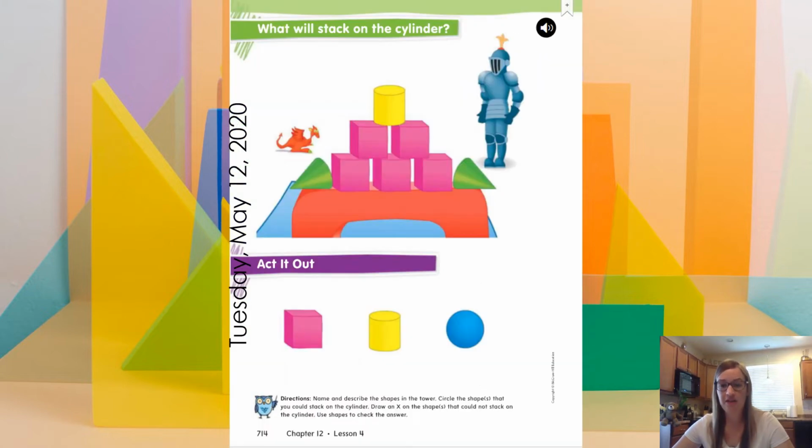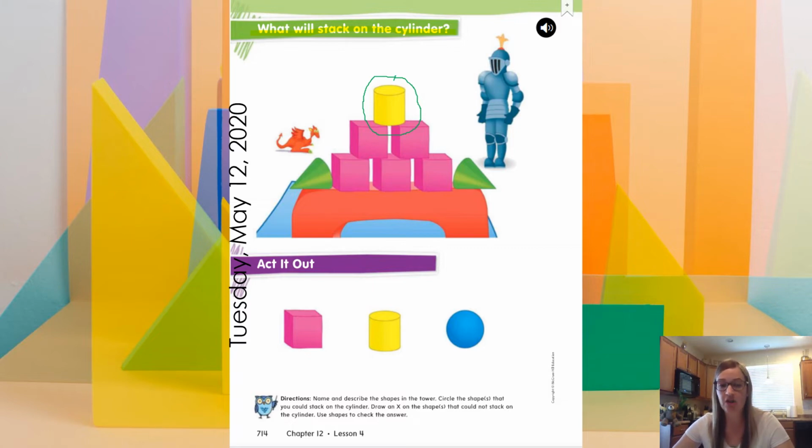Okay, let's turn the page to 714. This question on this page wants to know, what will stack on the cylinder? Well, let's locate the cylinder in the picture here, and I'm going to draw a circle around it. Here's our cylinder that we're looking at right here, and they want to know what can stack on it. You gotta think about the characteristics of our 3D shapes here.